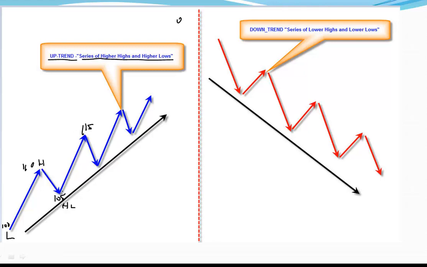So essentially, once you start developing these higher highs and higher lows, that starts establishing a trend. Now, if the market was going down in a downtrend, and then you have this occur, that doesn't necessarily mean that's a trend up.